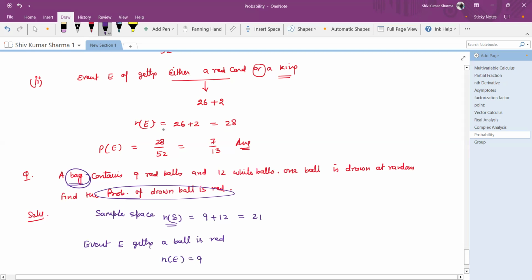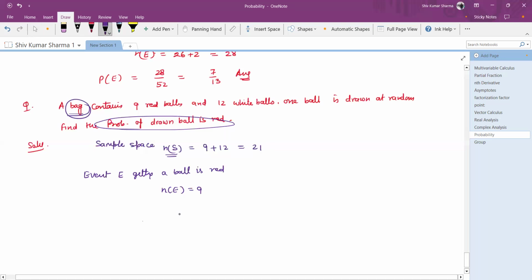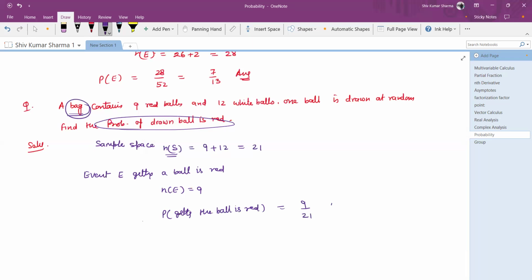So n(E), the number of elements in E, is 9. So the probability of getting a red ball is 9 by 21. So this is our answer.